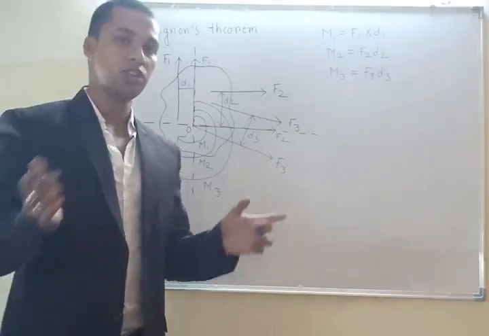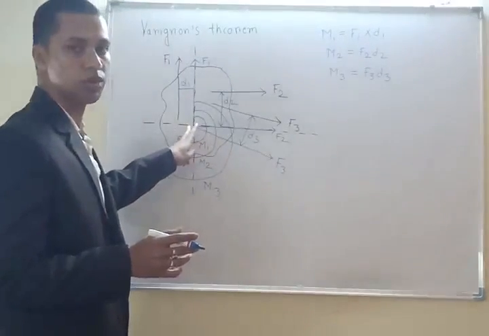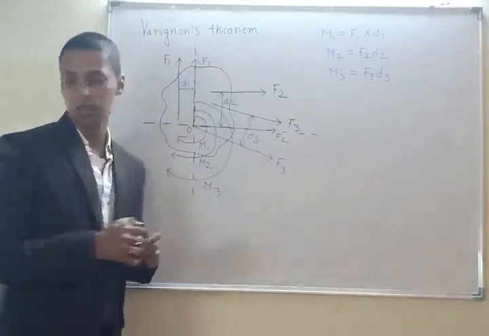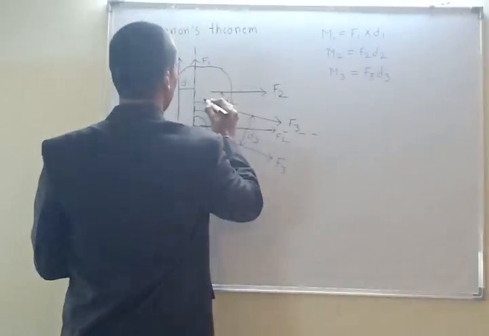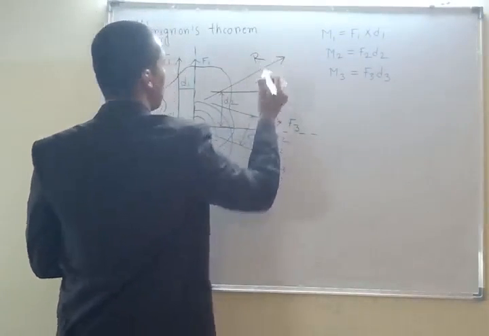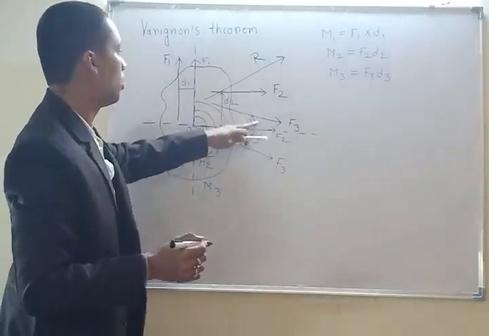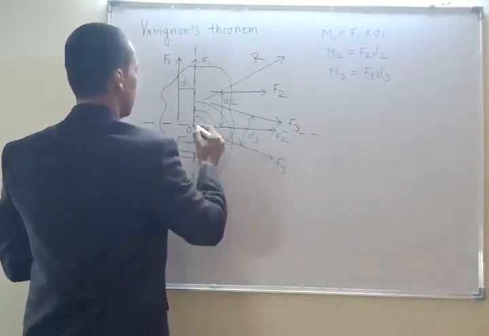I want this resultant to also shift to this portion. Maybe these three forces had some resultant like this R. Now I want this resultant shifted to this portion. So this is the new resultant.